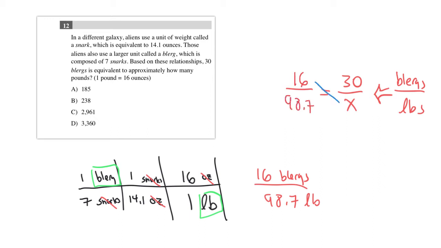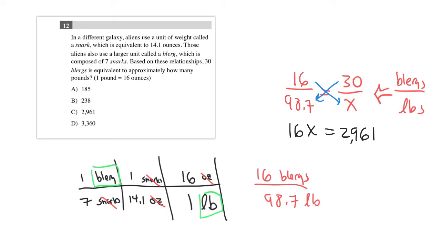And then at that point, we can cross multiply. So in doing so, we would have 16 times x equals 30 times 98.7, which is 2,961.